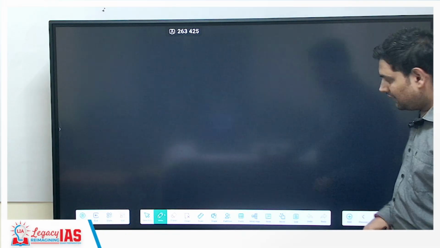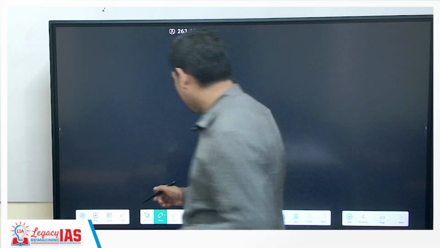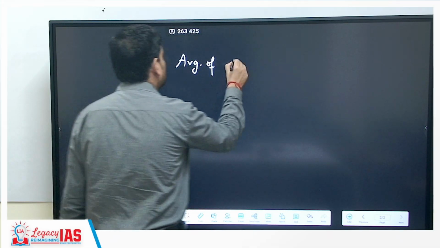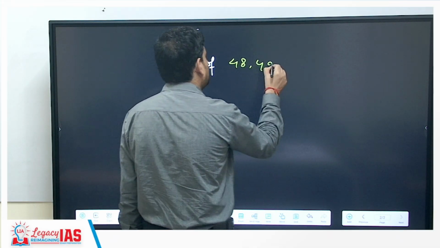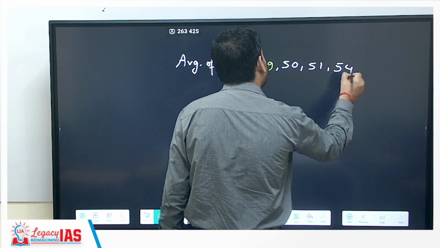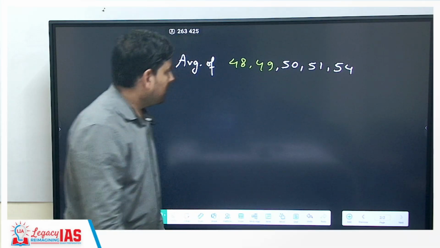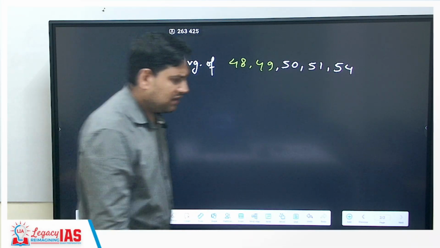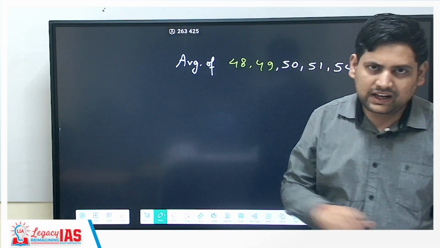Now let's see. Find the average of this data set: 48, 49, 50, 51, and let's say 54. You need to find the average of all these 5. One way of doing this is simply adding all of them.